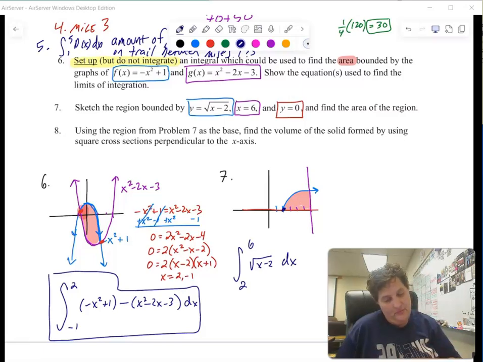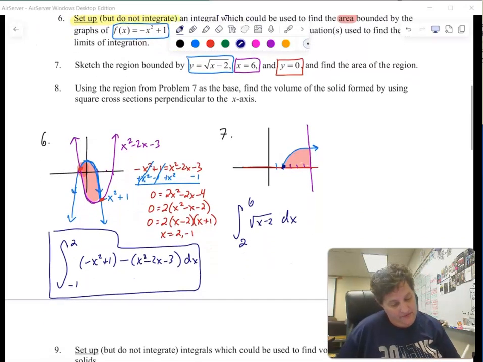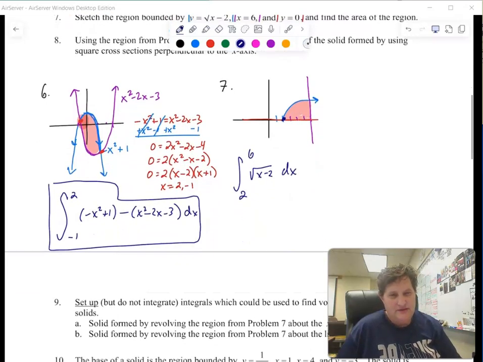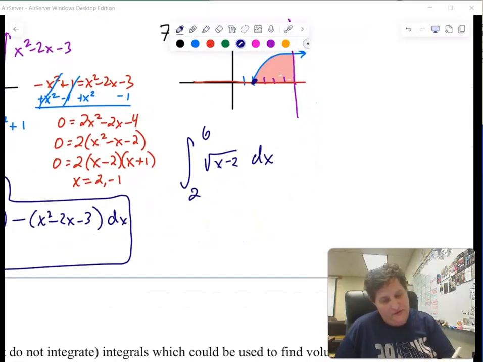So find the area of the region. All right, here we go. You guys, this integral is a reverse chain rule. All right, remember that a square root is like a 1/2. It's technically a u sub, but since it's just x and it would be u equals x minus 2, du is dx, I don't have to worry about any constants or anything. So I can just go ahead and integrate this.